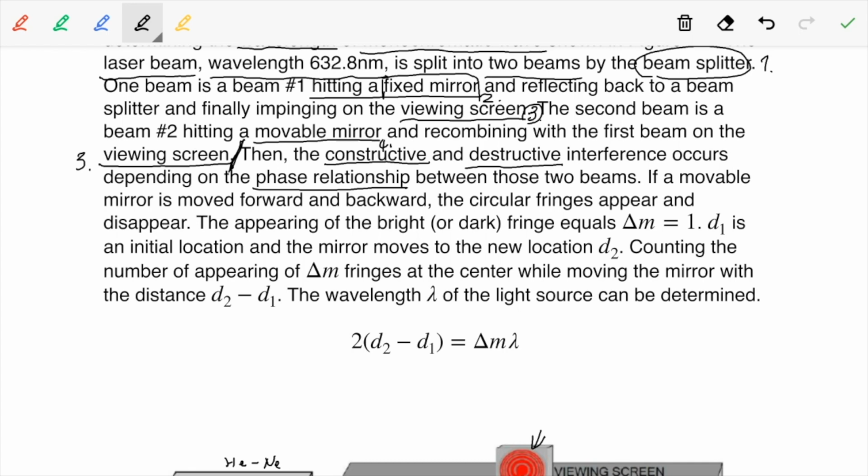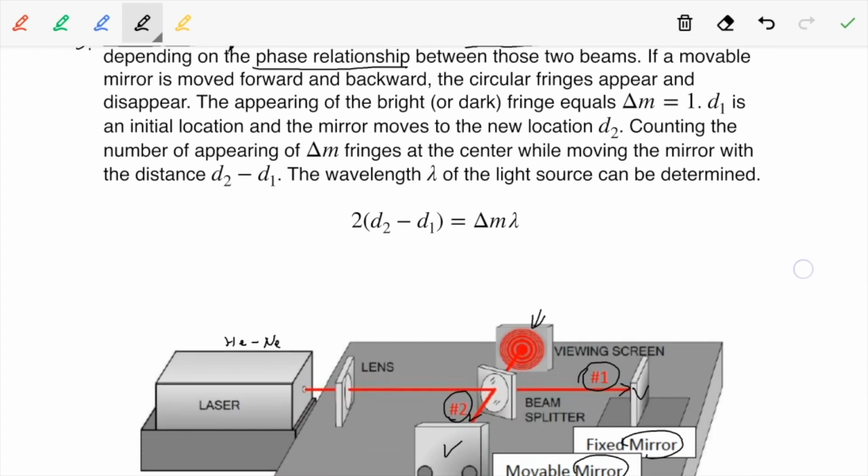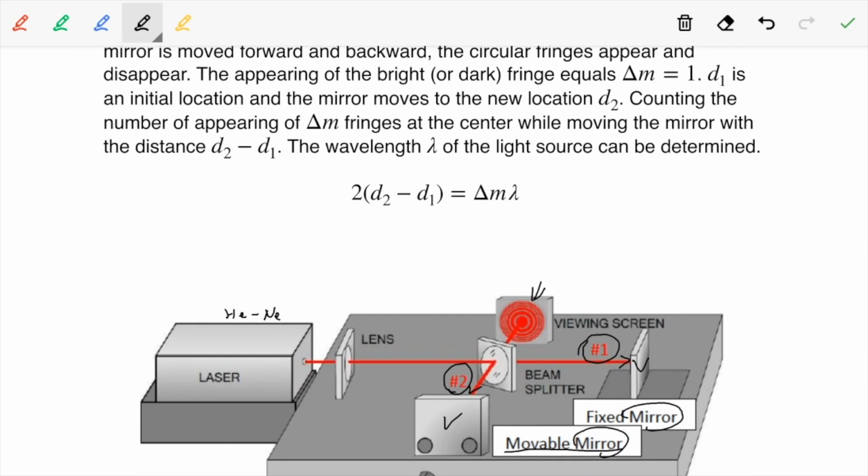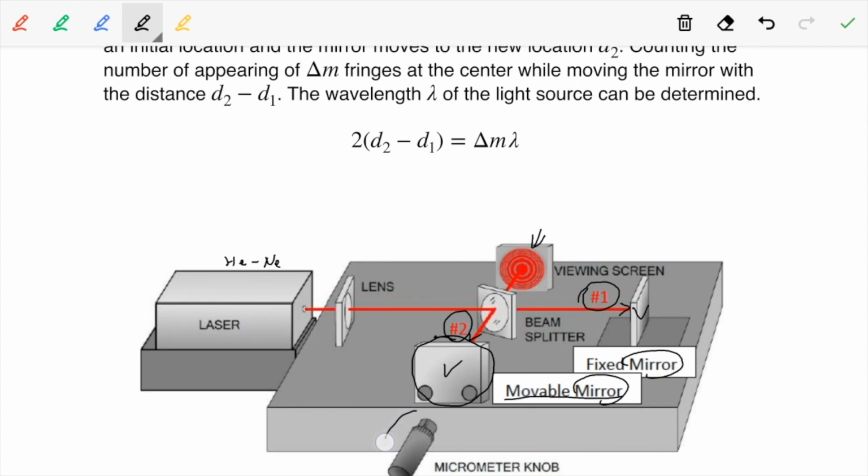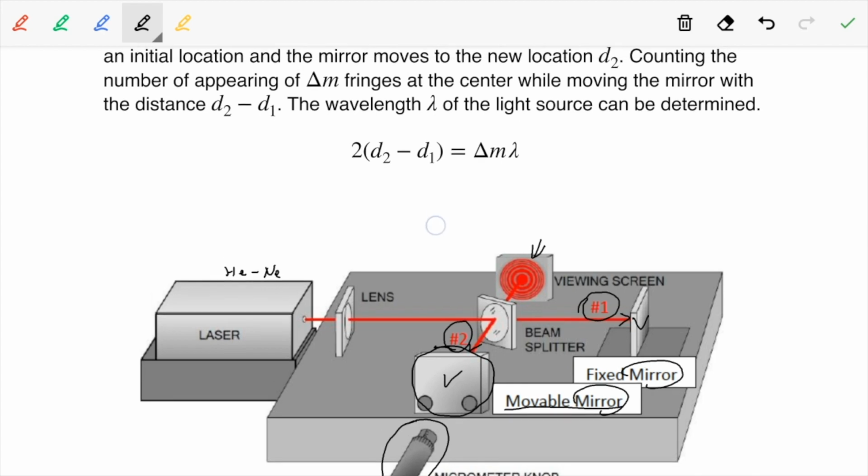If the movable mirror is moved forward or back, and we have a micrometer here, we can change the position of the movable mirror.